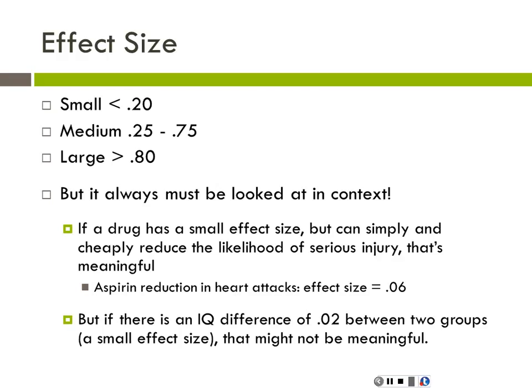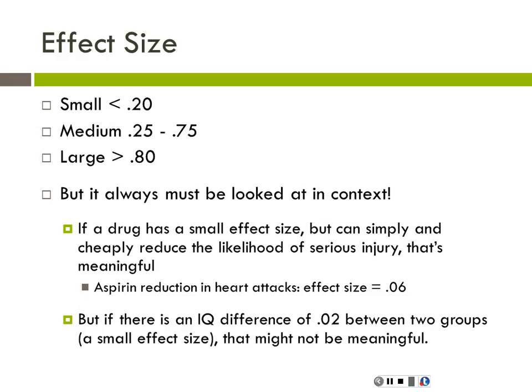You can have a small effect even if it's statistically significant, but you can see the d is small, so there wasn't that big of an effect. In contrast, a d between 0.25 and 0.75 is considered a medium effect, and ds larger than 0.80 are considered a really strong, large effect size.